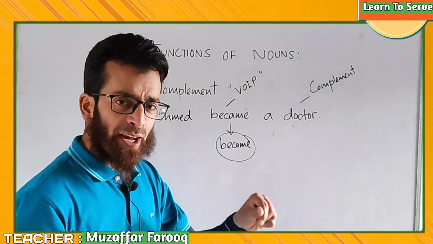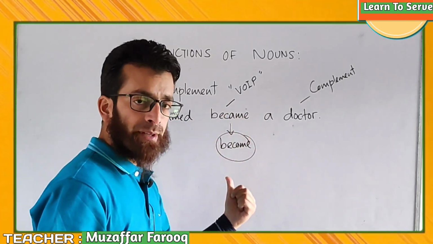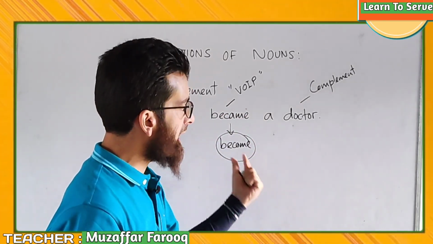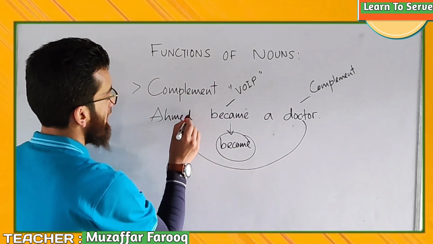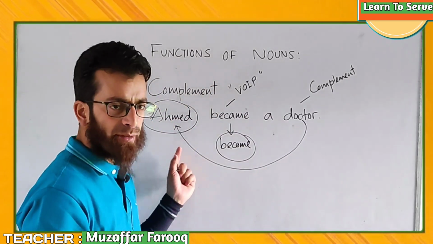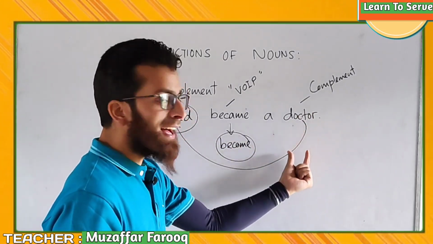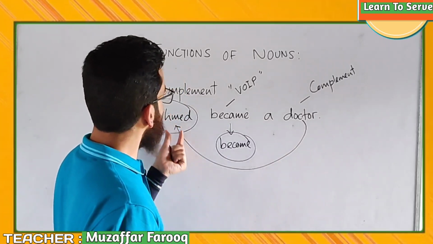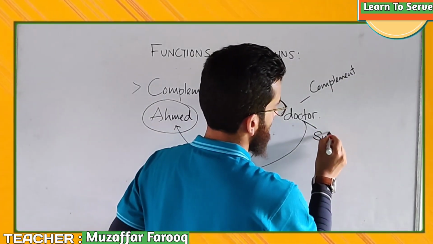But at the same time, it functions as a complement of the verb of incomplete predication, but simultaneously, doctor is information about Ahmed. This complement discusses the profession of the subject of the verb. Hence, it is a subject complement.